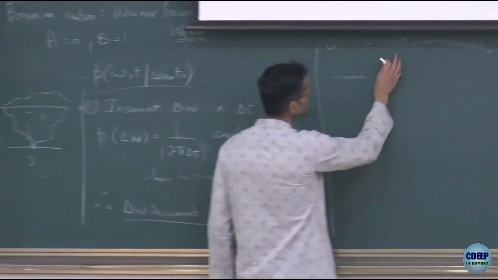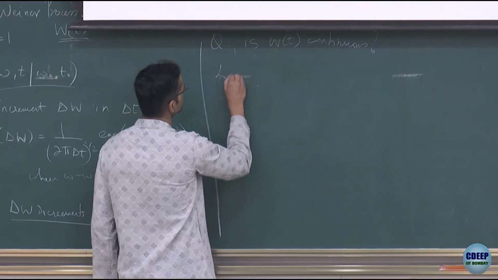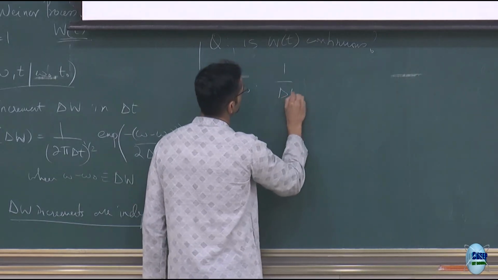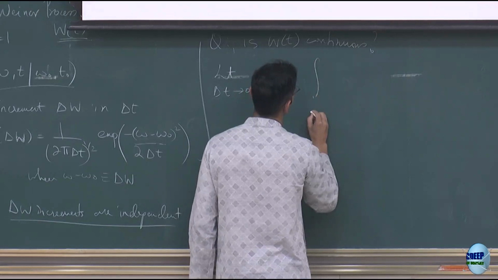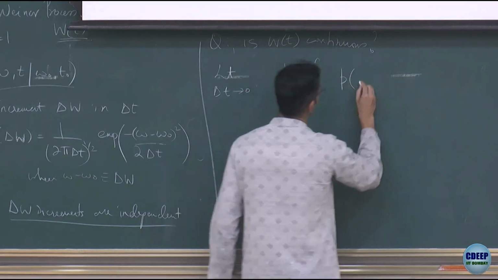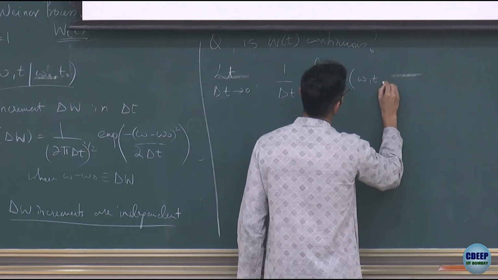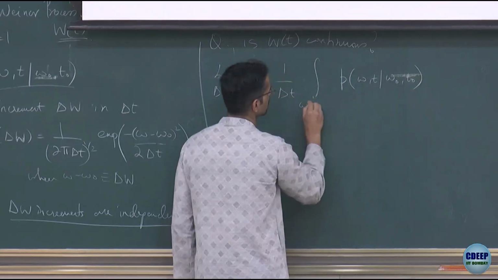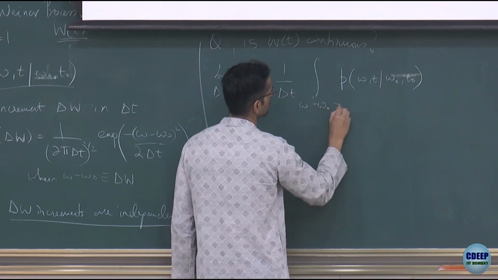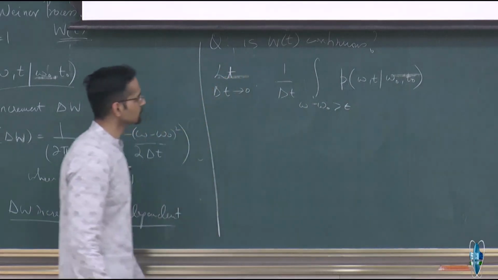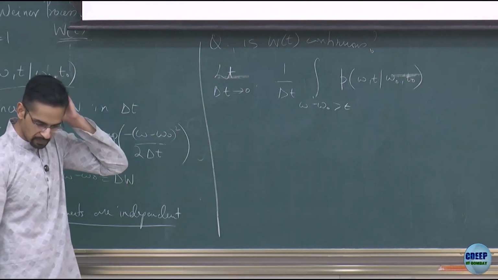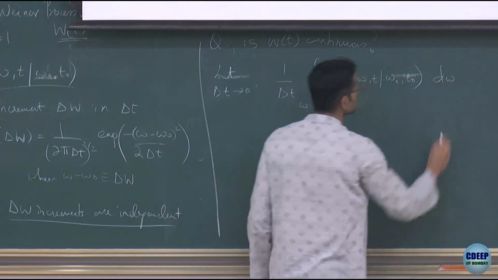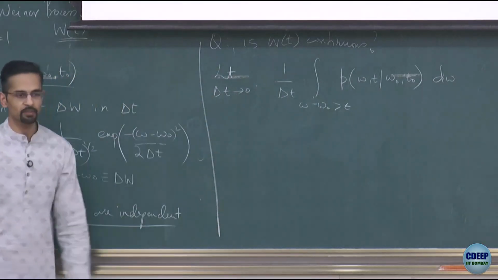So remember that to check whether it's continuous, I need to see, right, I want to find what is this probability. Right, and for a continuous process, this probability should go to 0.